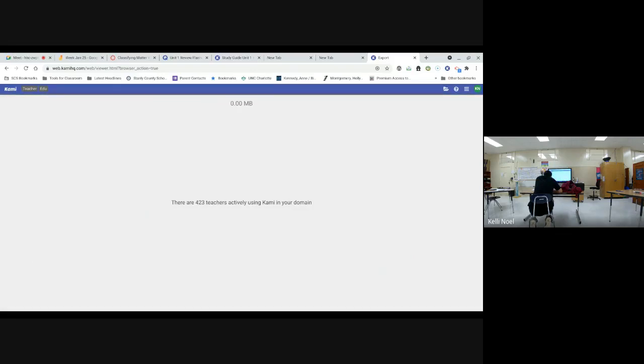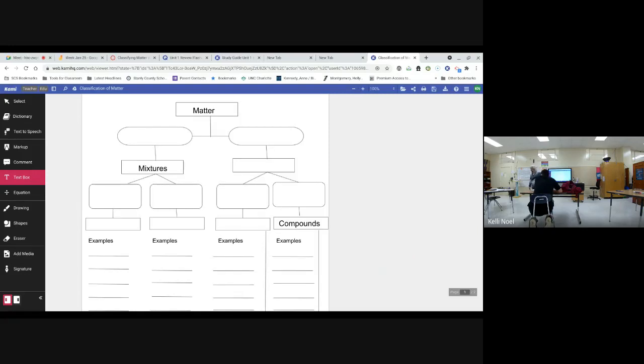So if I open it up in Kami, then I can write on it, if I can find my nice little writing tool that I keep moving. I don't know. Let me get this one. Let's see if I can do it with this.